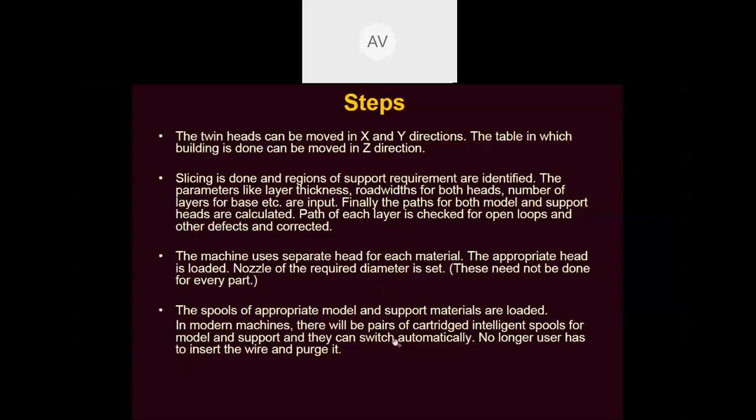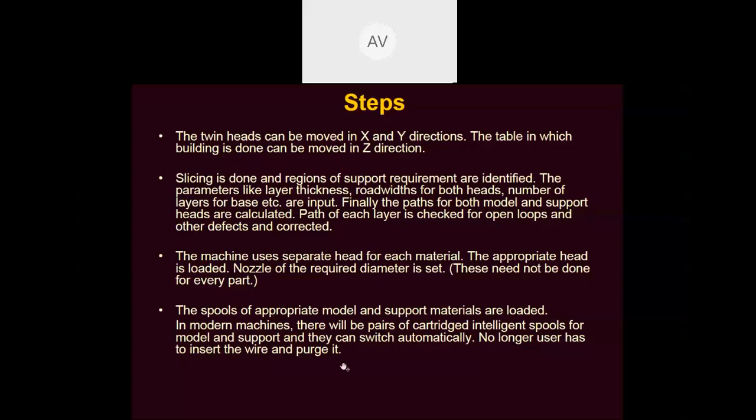In modern machines there will be a pair of cartridges with intelligent spools for model and support, and they can switch automatically. So in the latest machines it is not required to load everything manually. It will show a message that the spool is empty, and it will take the material automatically, so no user has to insert the wire and purge it.